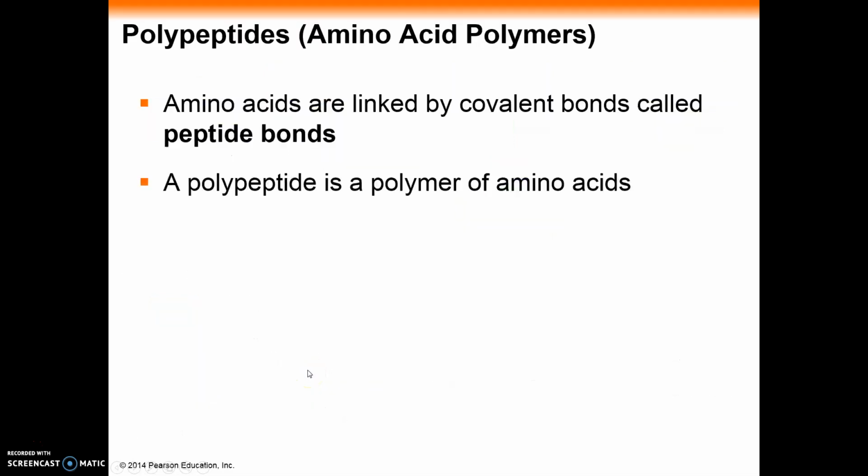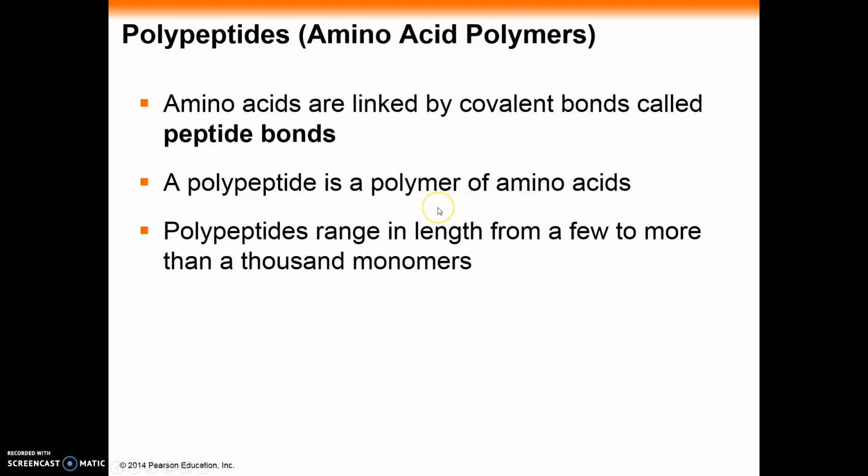Now, when we take various amino acids and try and link them together, we call those linkages, those covalent bonds, peptide bonds. And so a polypeptide is a polymer of amino acids.